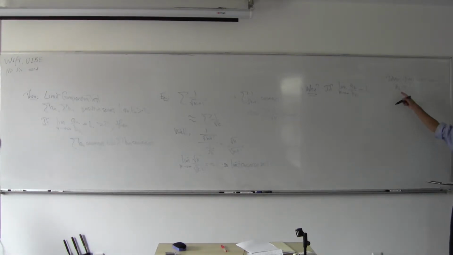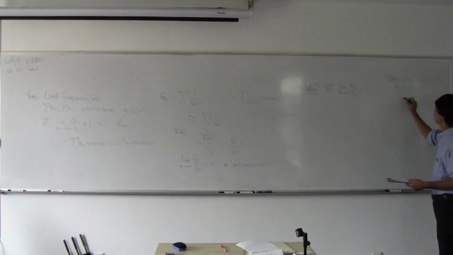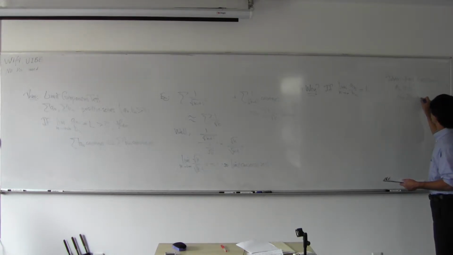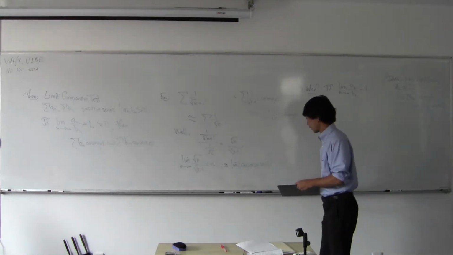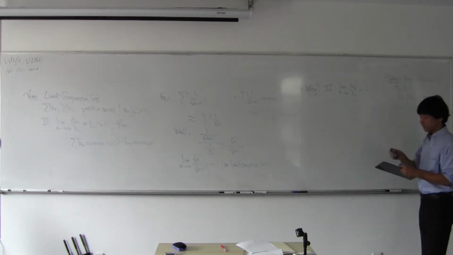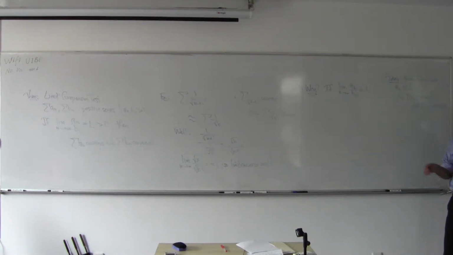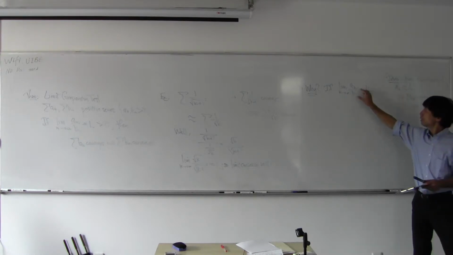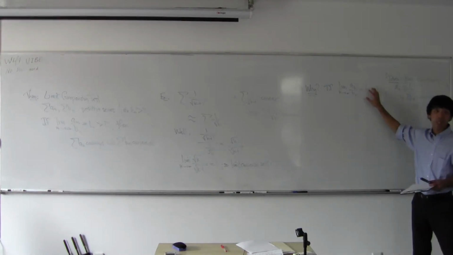For huge k, A sub k is basically L times B sub k, so A sub k converges if and only if B sub k converges. That's the idea. If the limit is L, then basically A sub k is going to be L times B sub k.